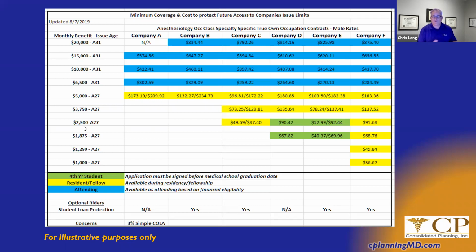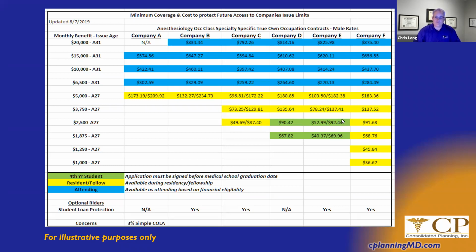So in that case, we couldn't apply for $1,000 of coverage with this company because they give us $1,000 of coverage, but they wouldn't put the rider we want on it. So here we have to get at least 2,500, but once we secure that, we can literally get all the way up now to, I think, $30,000 a monthly benefit without ever having to answer a medical question again.